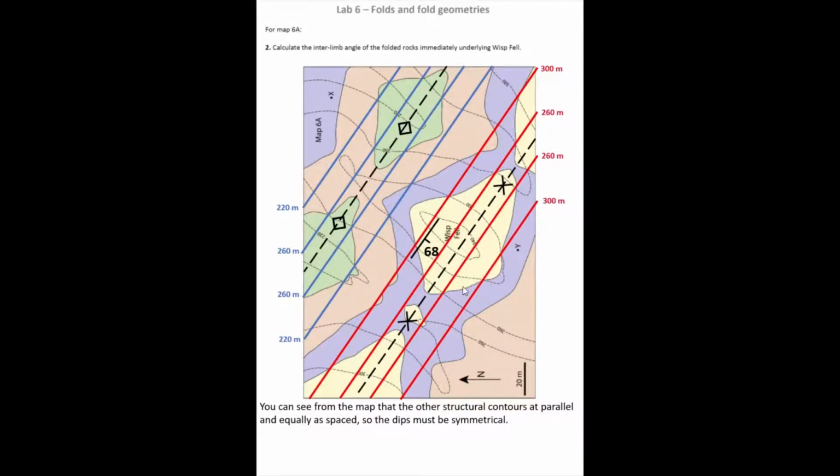This limb here that we just worked it out for is dipping into Wisp Fell, and this limb here is dipping in the opposite direction. Okay, so all of our limbs of our folds have this dip of 68 degrees, and we can tell that by the fact that the structural contours for the limbs, they're equally spaced and they're all parallel.